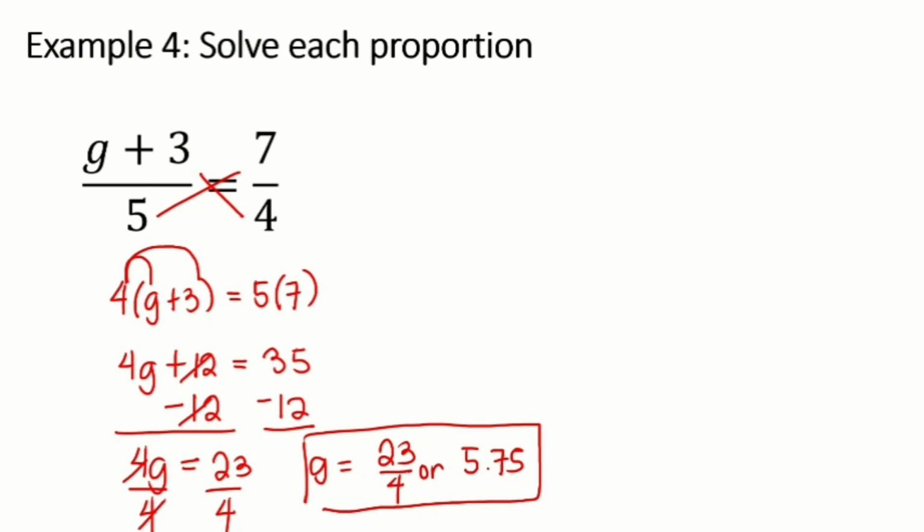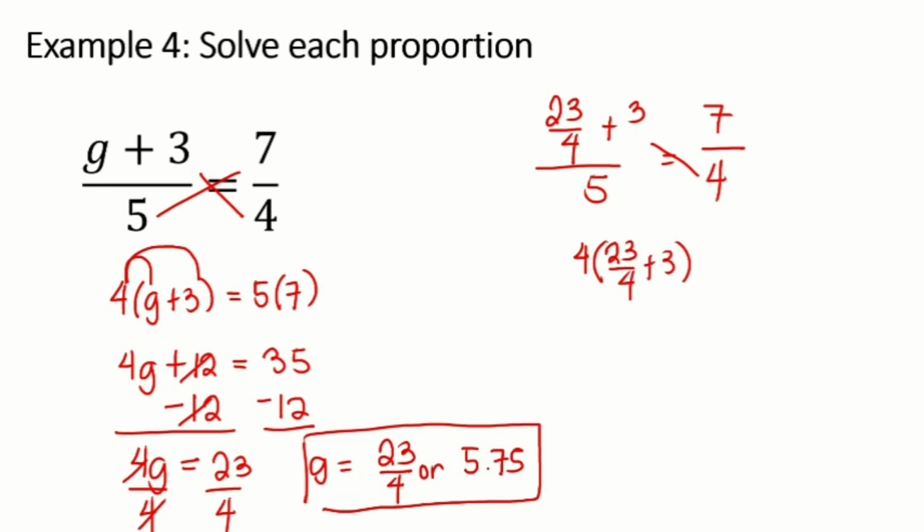Now let's try to check if this will provide a true solution. So we will plug in the value of g here. I'm going to use the fraction. So that's 23 all over 4 plus 3 all over 5 is equal to 7 all over 4. So we will apply cross product. So that's 4 multiplied to 23 all over 4 plus 3 is equal to 7 times 5.